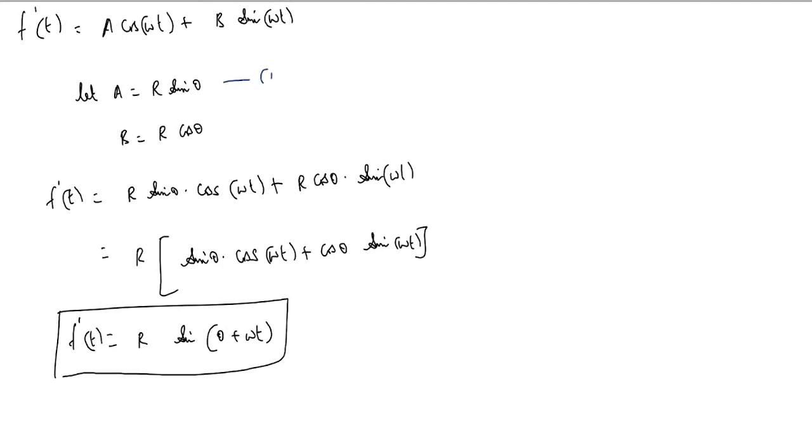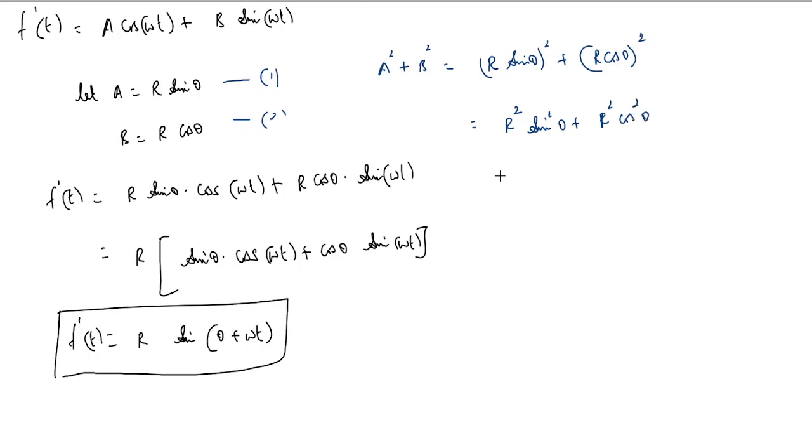To find what r is, let's recall the previous substitution. Let's call these 1 and 2. If we square and add 1 and 2, the left hand side would be a square plus b square, equal to r sin theta the whole square plus r cos theta the whole square, that is r square sin square theta plus r square cos square theta.